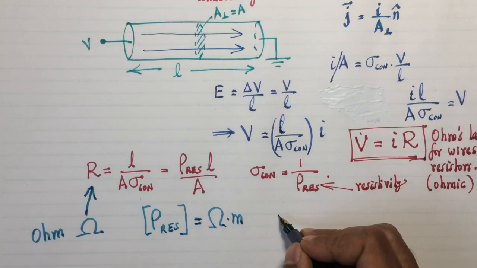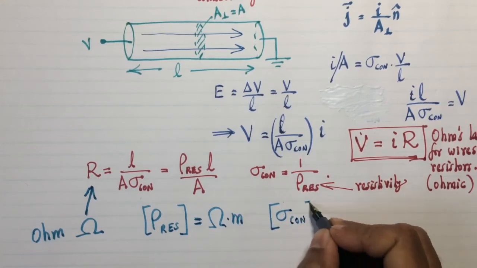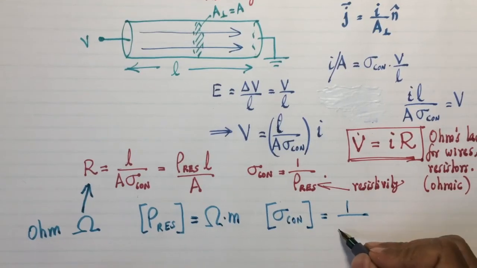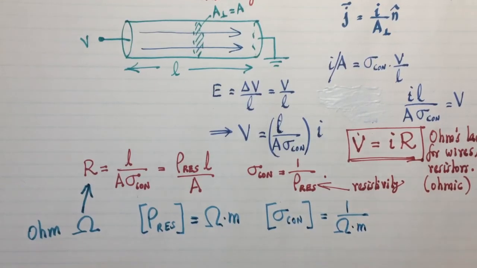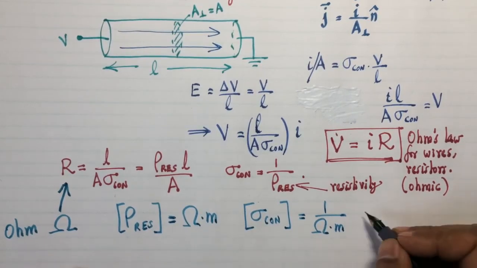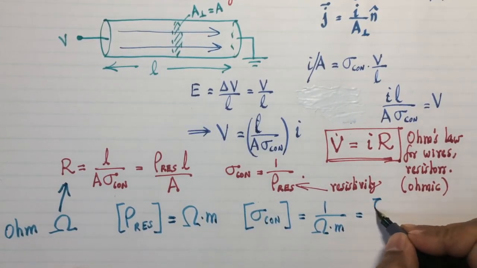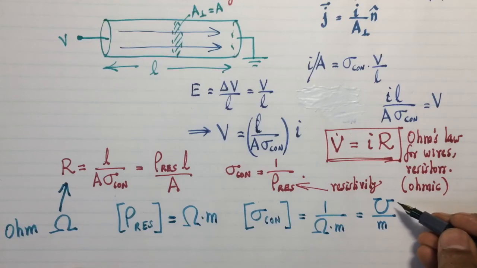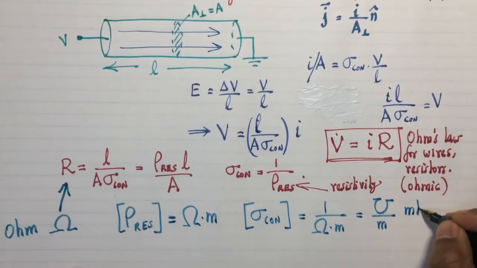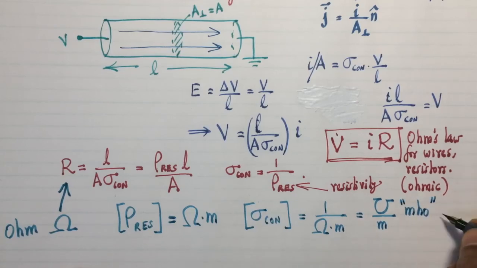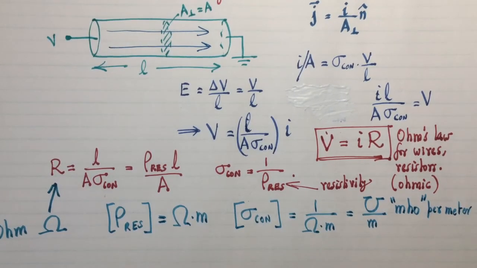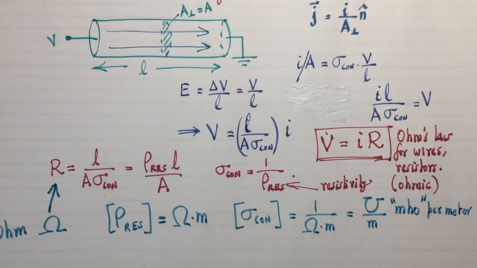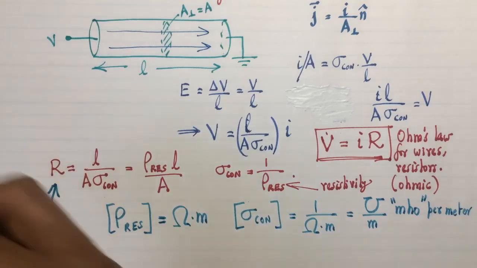What about conductivity? Well, because conductivity is the reciprocal of resistivity, you might think that conductivity should be written as 1 over ohm meter. And in fact, electrical engineers for the longest time did that. They also had a sense of humor, so they brought this ohm in the denominator upstairs and made it upside down like a horseshoe, and they called it mho. So it's mho per meter. For some time, this joke was carried out, and then some less amused people in France said, "No, you can't do these kinds of things.